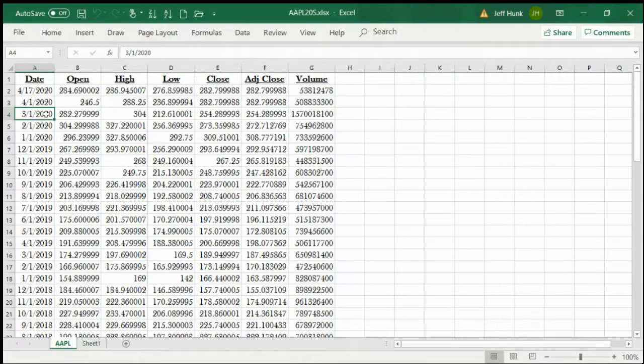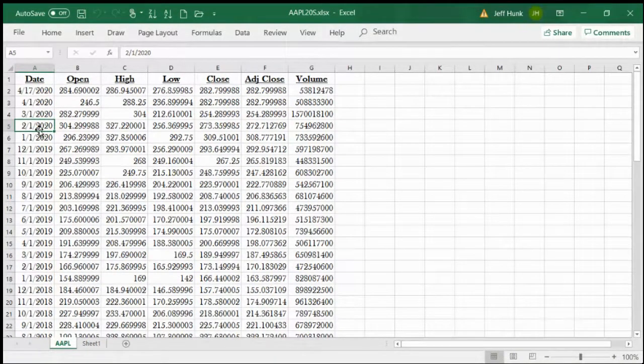That's just the way it is. February is represented by February 1st. This is the way the calendar date is represented in the spreadsheet.